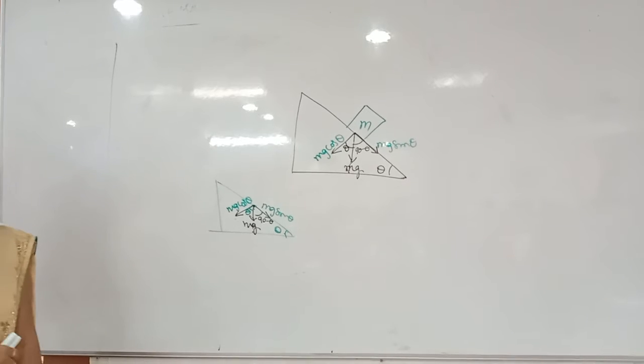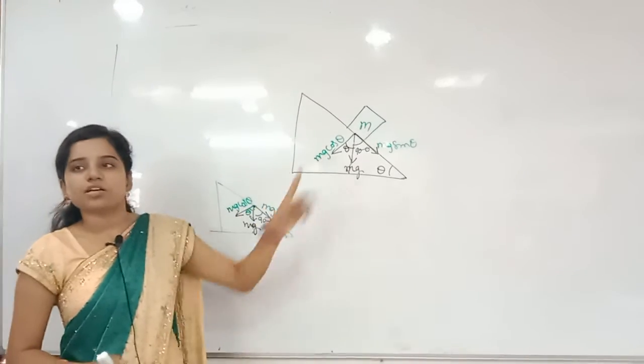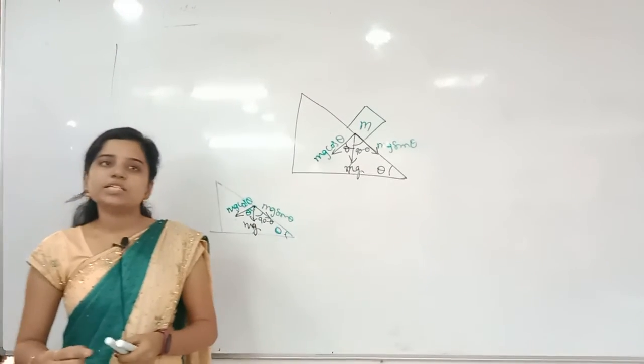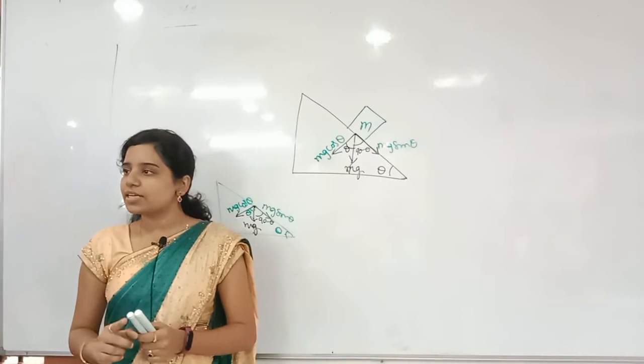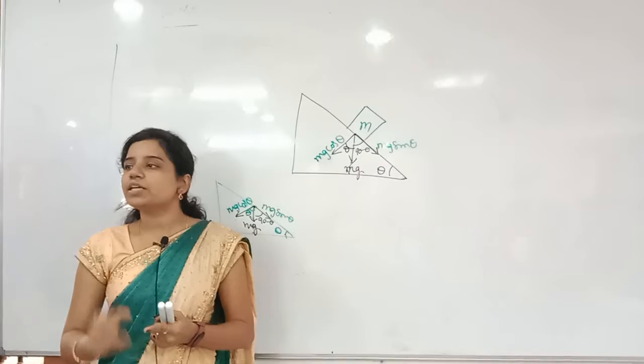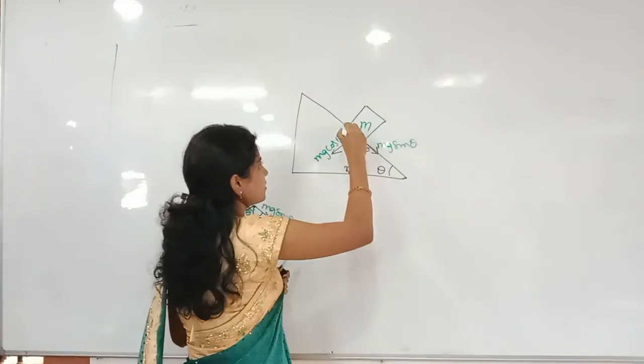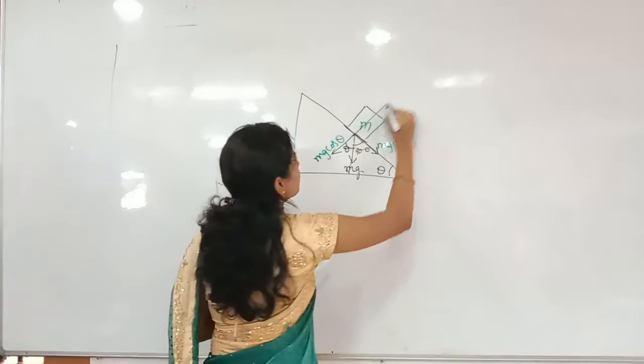Tell me, in which direction? Opposite to mg cos theta. Why? Because while teaching about the normal reaction, I said that the normal reaction is always away from and perpendicular to the contact. Which is the contact here? This line is the contact, and perpendicular to that is in this direction.